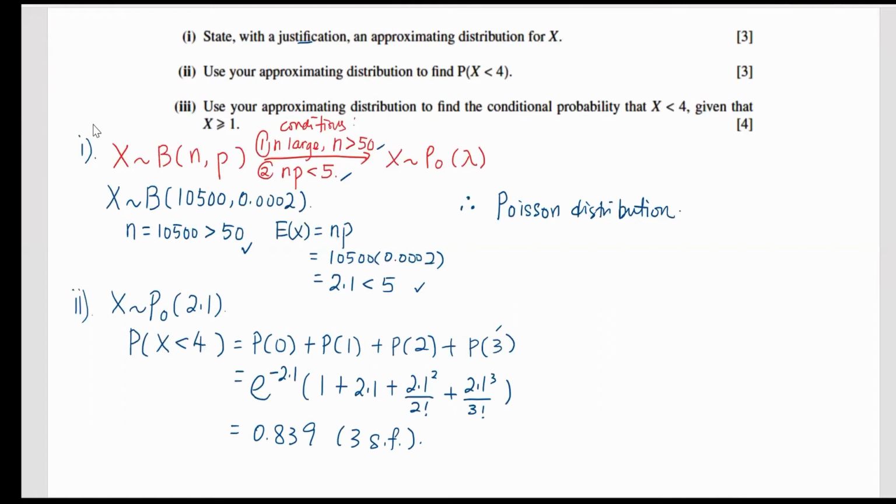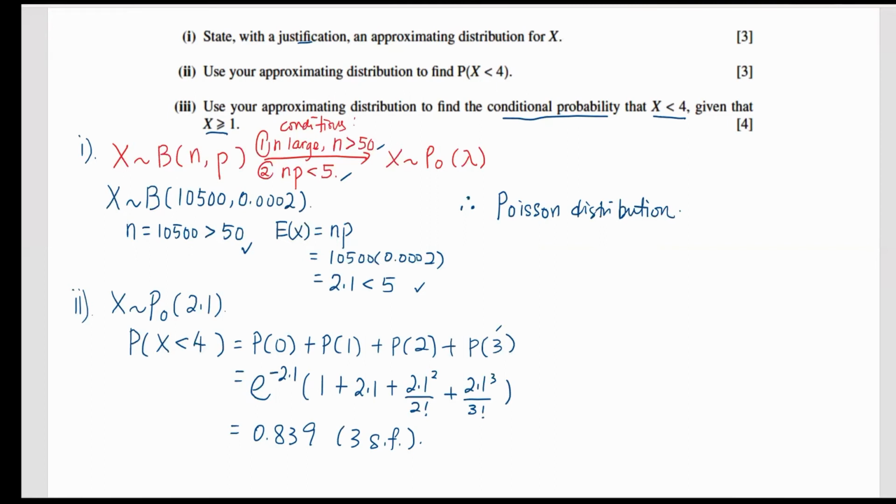Now we go on to part 3. Use your approximating distribution to find the conditional probability that X is less than 4 given that X is greater than or equal to 1.